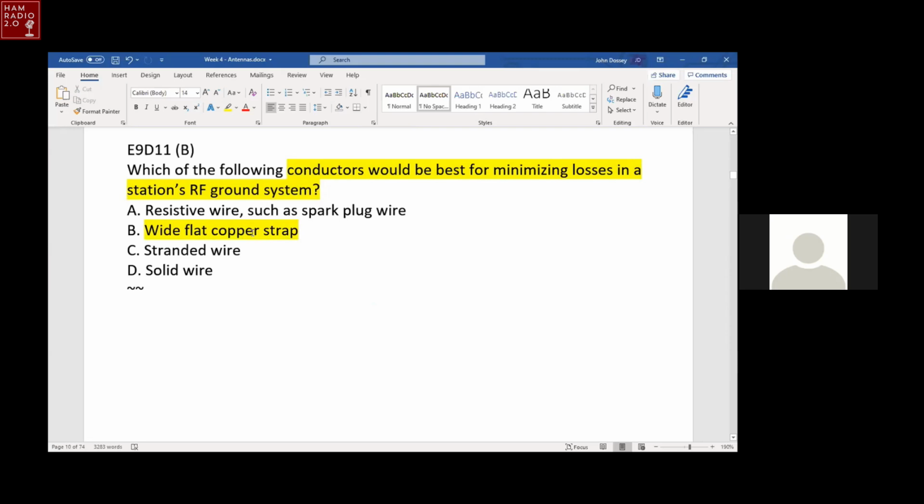Copper strap you can make out of copper flashing that you find at home improvement stores, Home Depot or Lowe's. But if you get that wide flat copper strap, that's the best way to build a low loss RF ground system. Now, most people would use wire, stranded or solid wire, for radials for a vertical antenna. That's good. If you made it out of flat copper strap, that's even better. So that would minimize the loss.